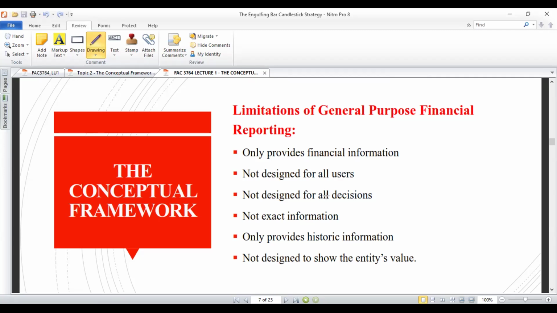By looking at financial statements alone, you cannot say there's something about operational health and safety conveyed from that. Hence, we are saying that it's not designed for all users and not designed for all decisions.